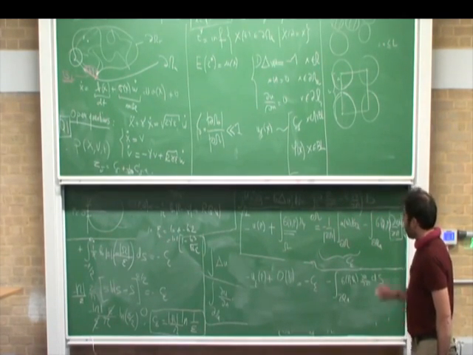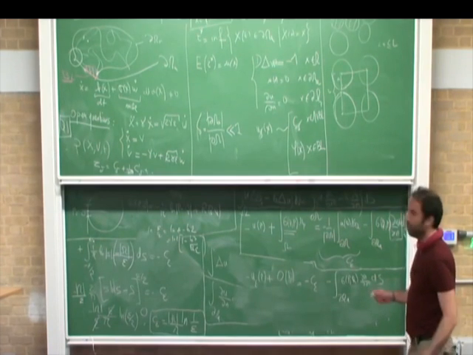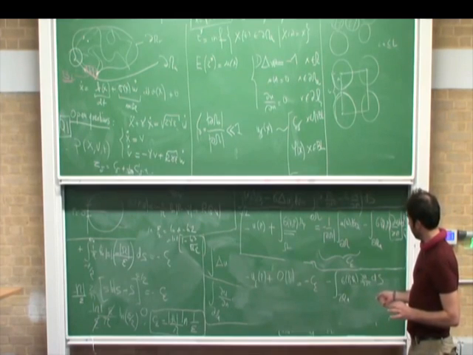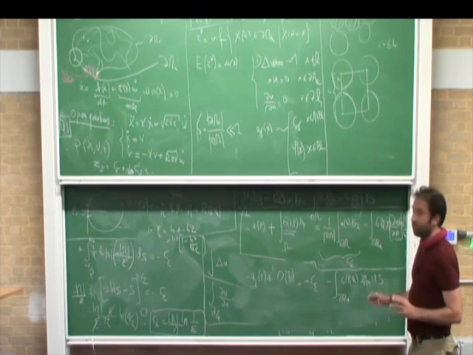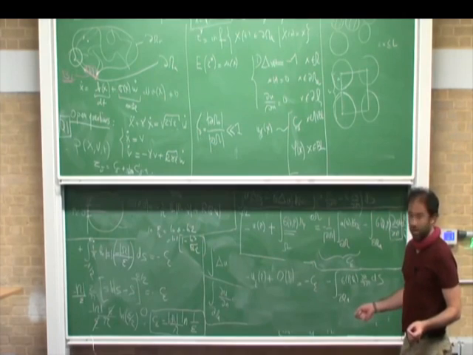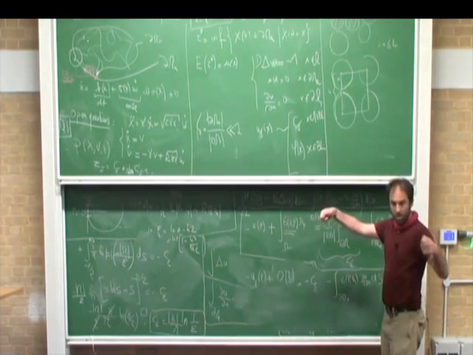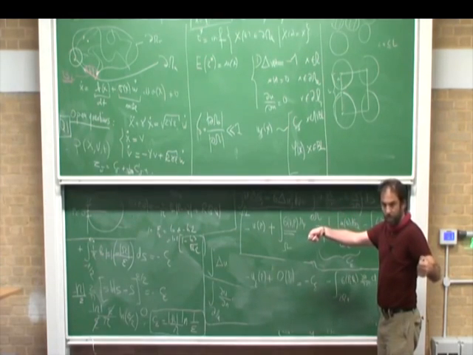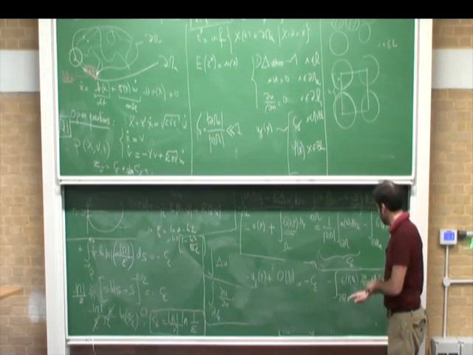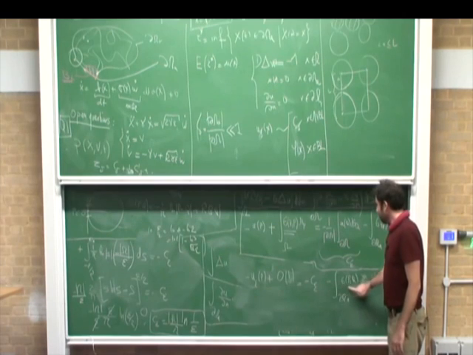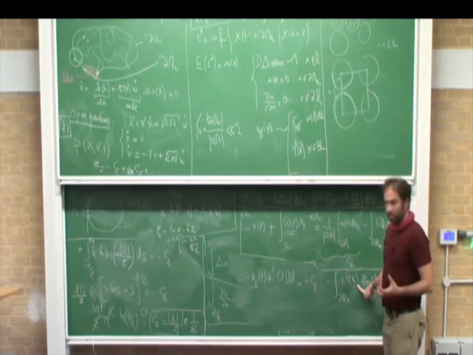Okay, so now what happens if we take a point outside the boundary layer? If we take a point outside the boundary layer, which means the distance from P to Q is sufficiently long, you're not in this small neighborhood, the Green's function becomes of order 1.